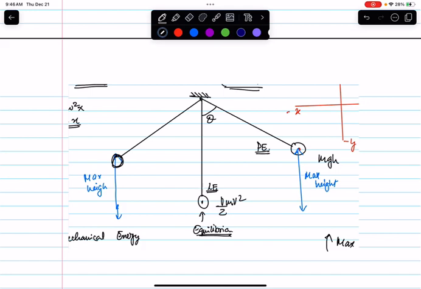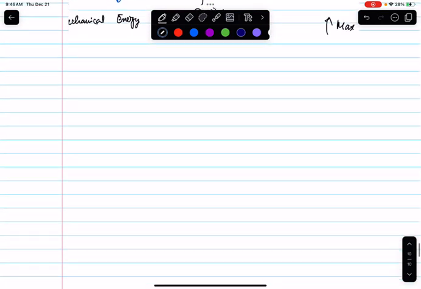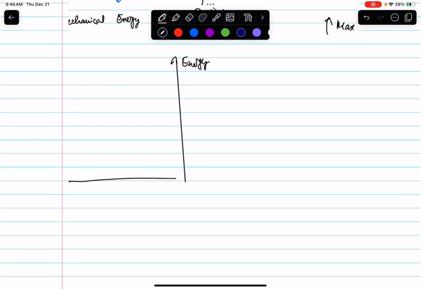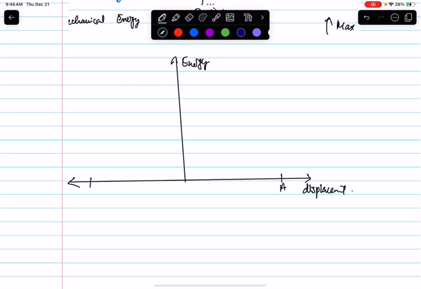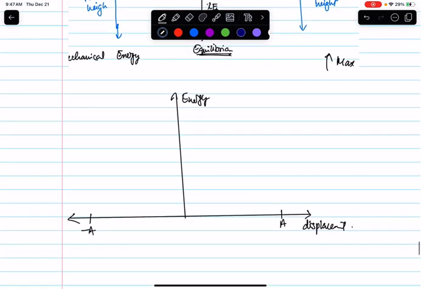Okay? So in this case, if you draw this graph where you've got energy in joules, and then you've got displacement, right? Now, you would see that the maximum displacement is at the amplitude. So to the right, you've got your maximum amplitude, and to the left, you've got your minimum amplitude.